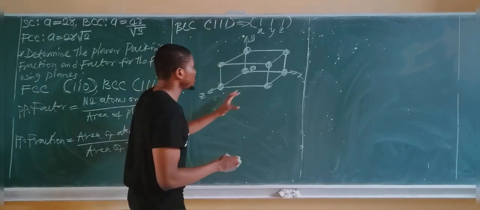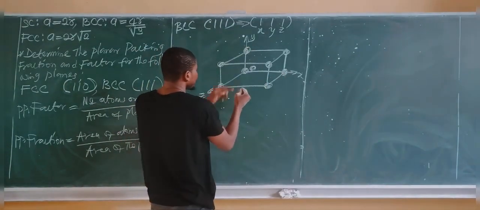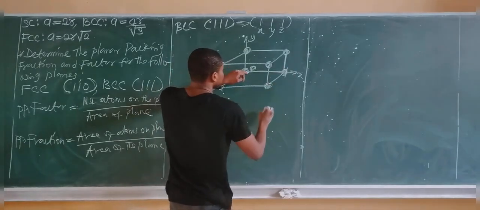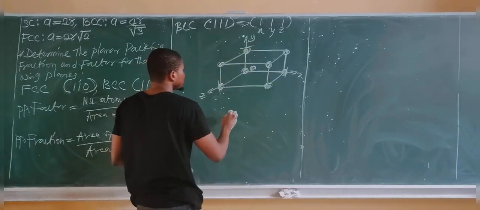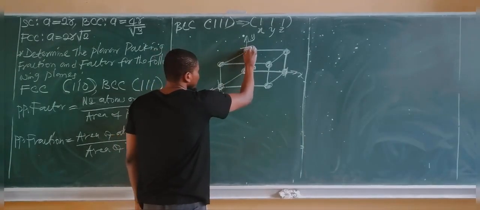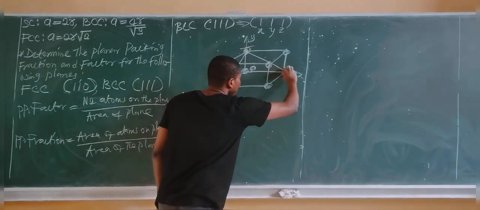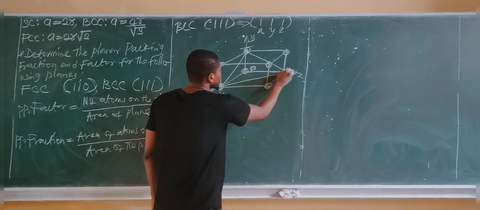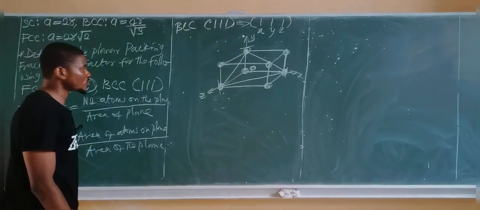So let's plot now. Each of them are units. So here is 1, here is 1, and here is 1. From the origin, x is 1, you have it here. From the origin, y is 1, you have it here. From the origin, z is 1, you have it here. So you join all the points together. This is y to z, y to x, and z to x. So this is the 1, 1, 1 plane structure.